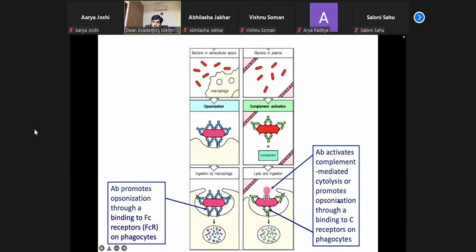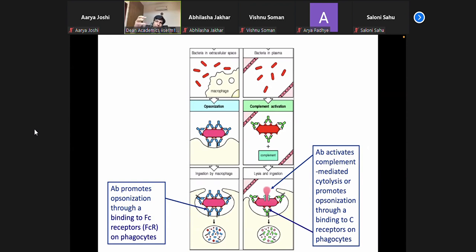So in this case, it's a direct binding of the antigen exposed on the surface of this microbe with antibody. This is basically simply a coating of the microbe with antibodies. This is called opsonization. Now, through activation of this complement system, you also generate certain components, which we call complement components.